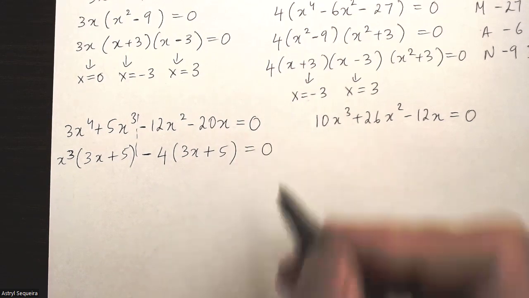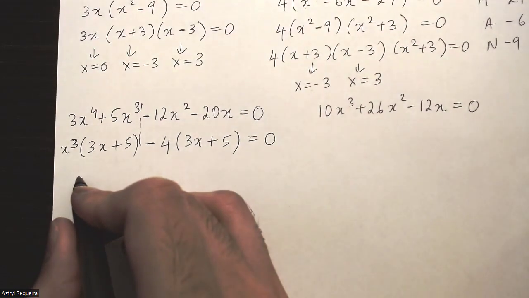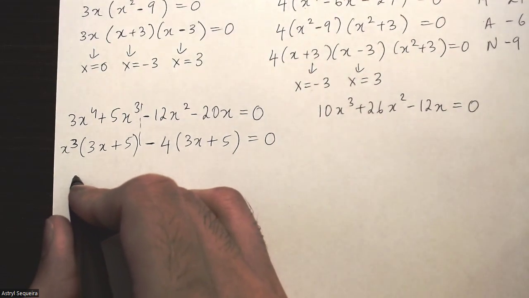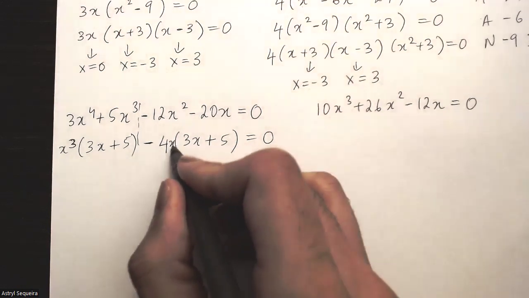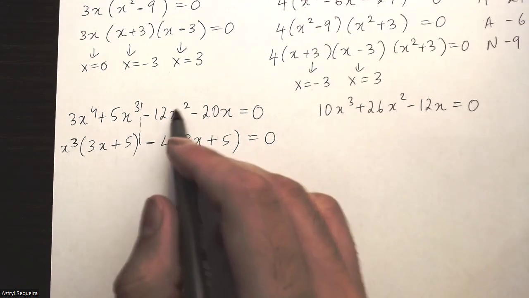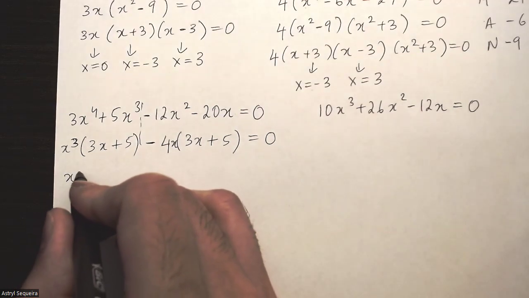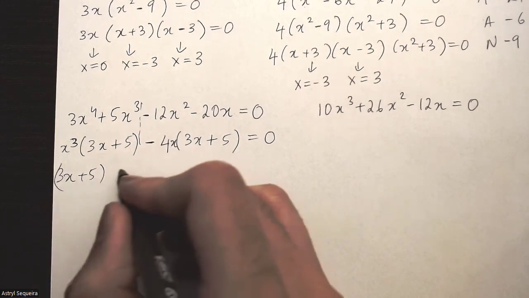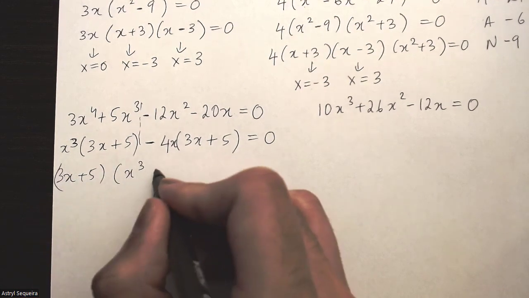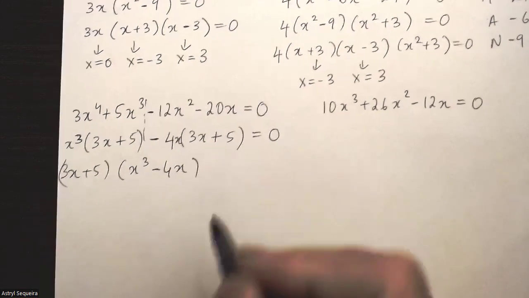So grouping does work in this one, which means I'm left with, oh, I can actually take out an x here as well. Totally forgot to take out the common factor of x there. So now I'm left with 3x plus 5 times x cubed minus 4x.